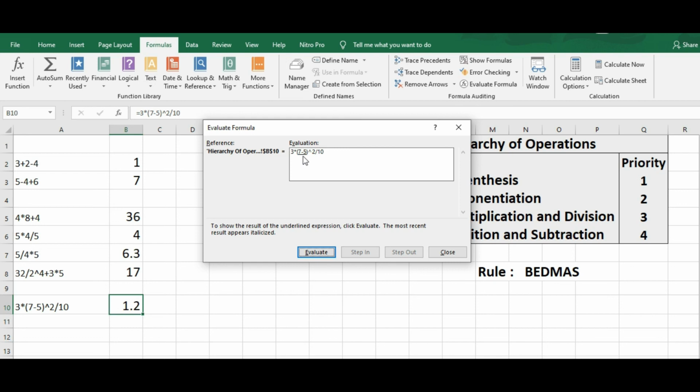The bracket has the highest priority, then followed by this one, exponentiation. Then with this result, 2 caret 2 means 4, 2 to the power 2 raised to the power 2, which is 4. Multiplication will be performed after this, and with this result 3 multiplied by 4, 12. Then at last division will be performed.